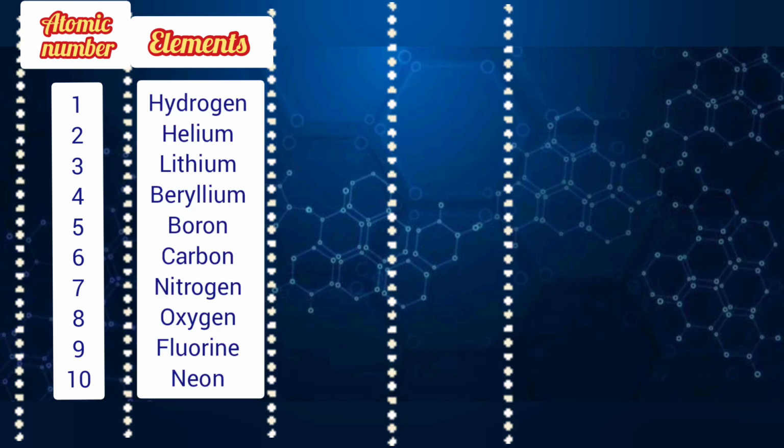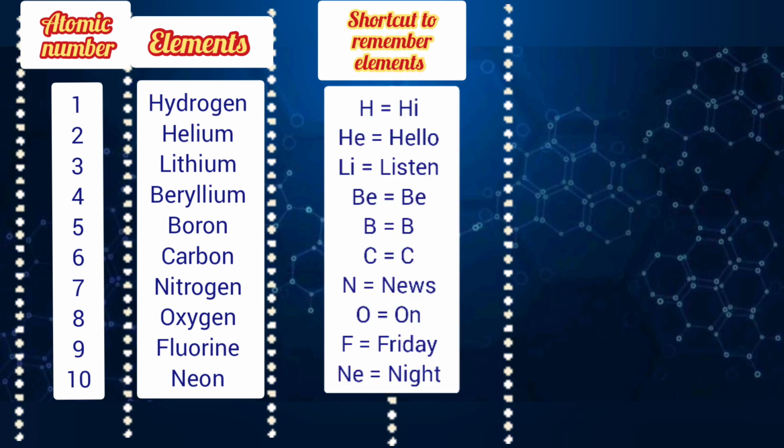Now all the 10 element names, I have already given you the shortcut how to memorize them, but the 10 elements are hydrogen, helium, lithium, beryllium, boron, carbon, nitrogen, oxygen, fluorine, neon. So the shortcut for this was: hi, hello, listen, BBC news on Friday night.